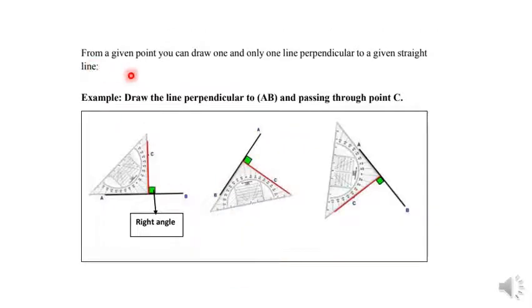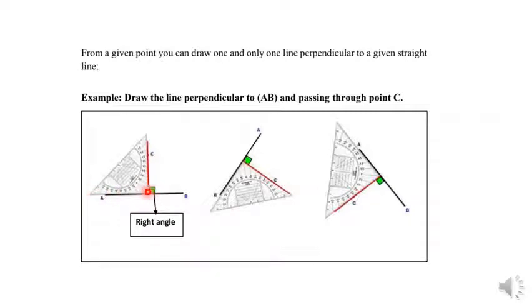Now take a note. From a given point you can draw only one perpendicular straight line to another given straight line. For example, if I want to draw a perpendicular line to AB and passing through C, in these three cases, we have to line up the set square correctly.